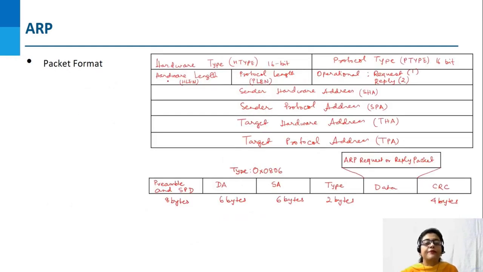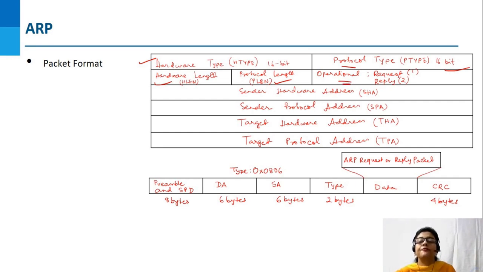The ARP packet format consists of several fields. The first field is the hardware type or H type, which is 16 bits long. Then is the protocol type, known as the P type, which is also 16 bits long. Then we have the hardware length H len, then protocol length P len, then the operational field.